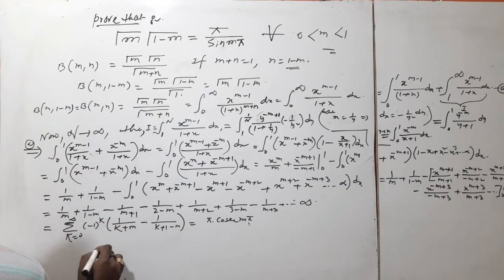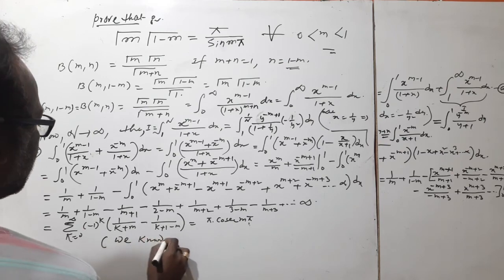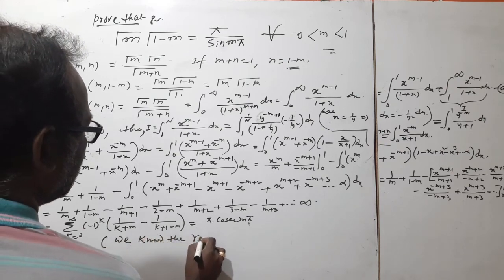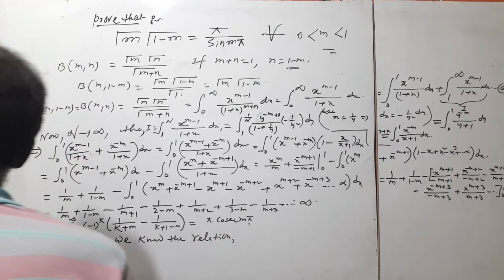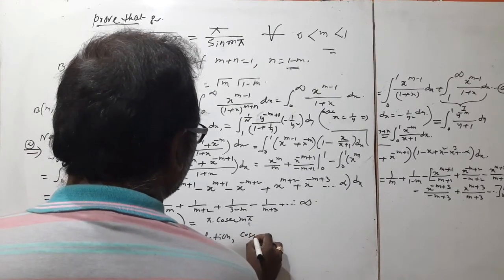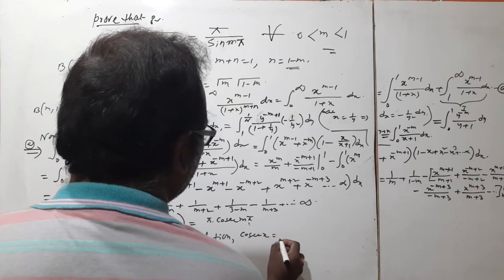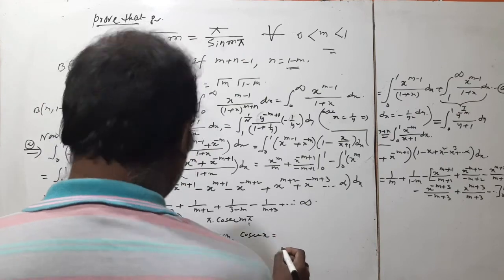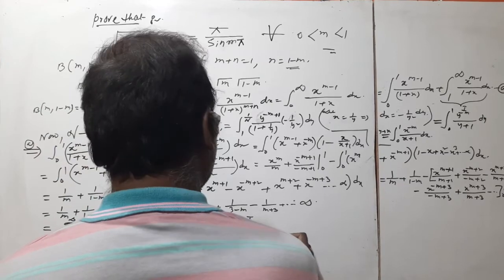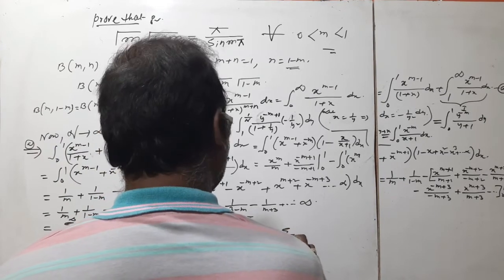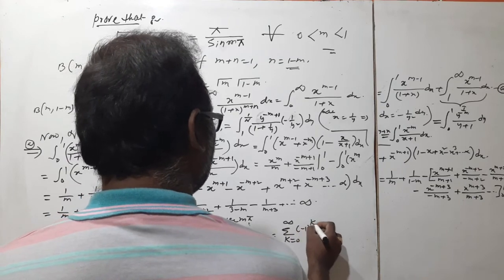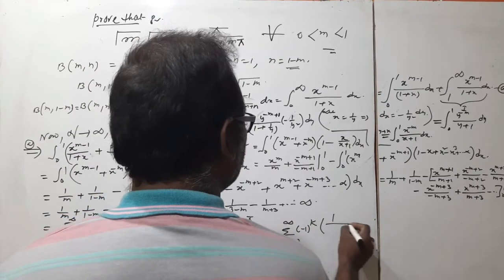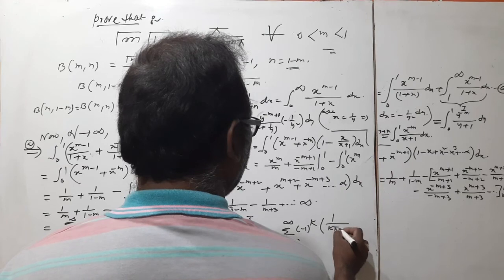We know the formula, the relation, that is cosec x is equal to the summation k equal to 0 to infinity of minus 1 whole to the power k, that is 1 over k pi plus m.